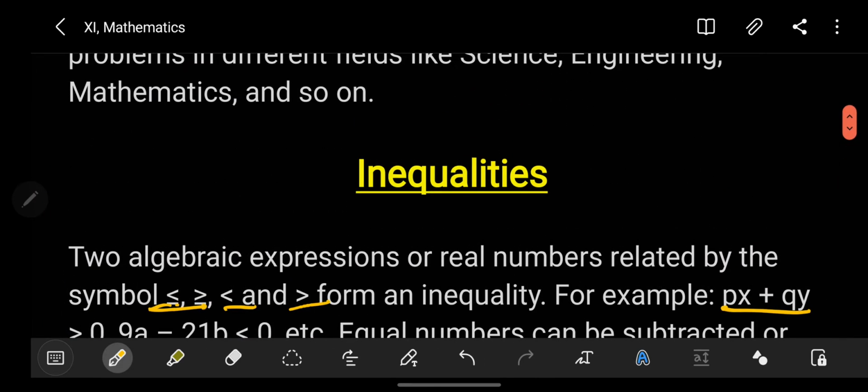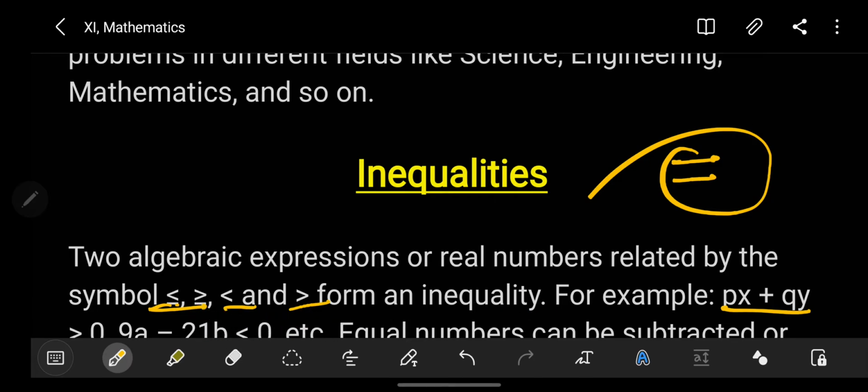So, discussing the introduction part of inequalities, you all have learned. First of all, we'll talk about equations. An equation is a statement of equality, which is represented by the equal to sign. And in this class, we'll talk about less than, more than, less than or equal to, or more than or equal to. Right? And linear comes from the linear polynomial. A linear polynomial has degree 1, which is the highest power of the given variable in the given equation.